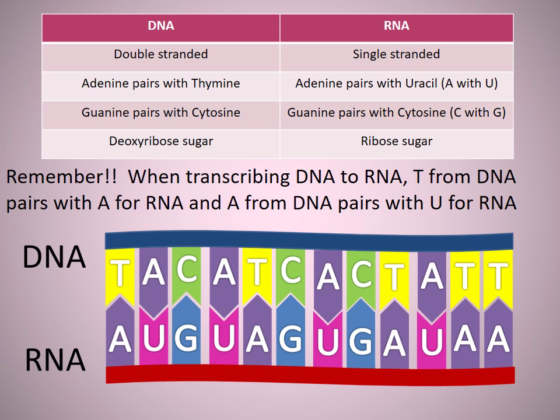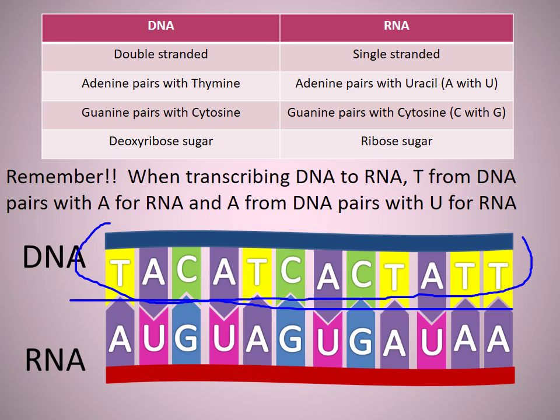So if we take a look at our example down below, the top portion is our template for our DNA, and the RNA will be synthesized off of the template, our single DNA strand.